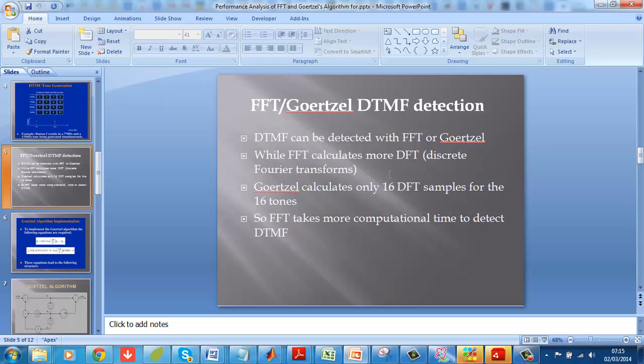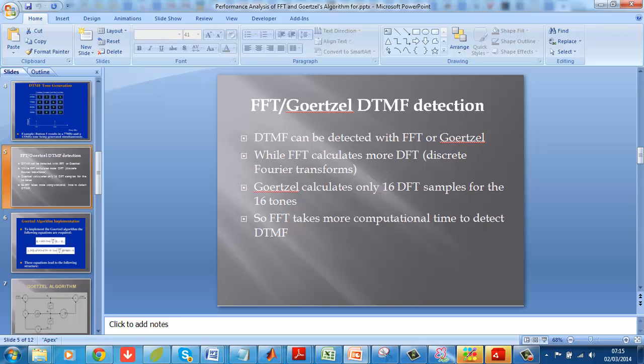It's a form of Fourier transform that is used for analyzing discrete signals, that's digital signals. So both of them use DFT for sure. But the problem is that with FFT we calculate a lot of DFTs before you can detect DTMF.